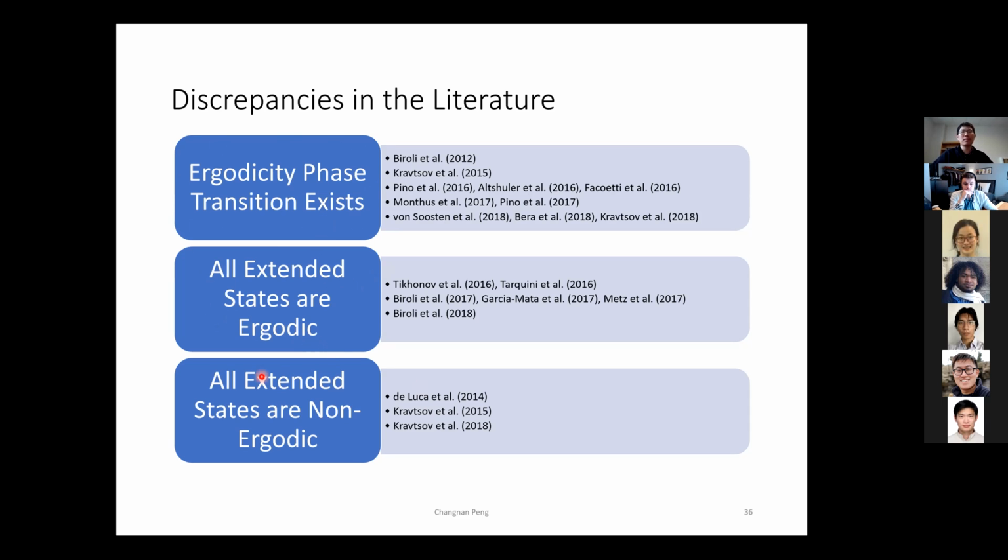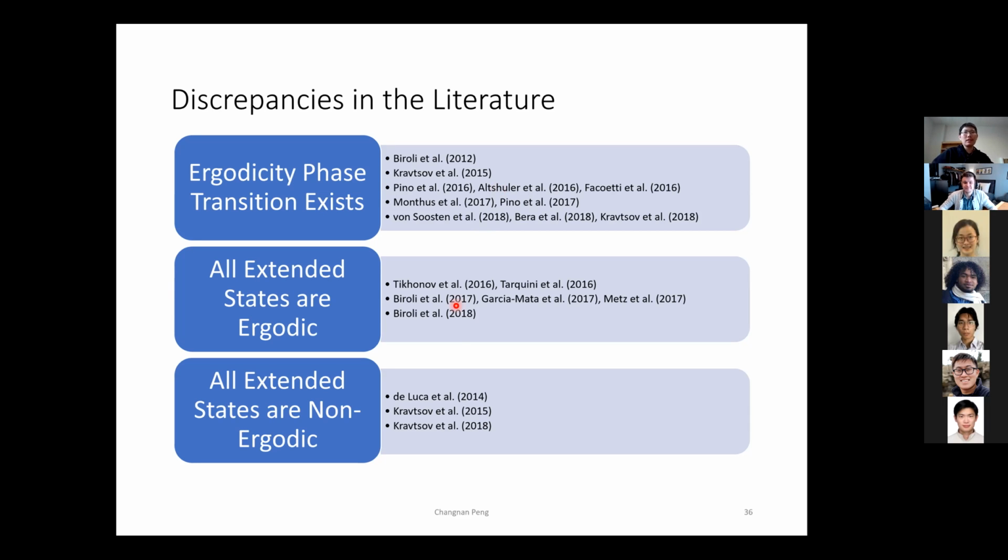And some other papers show that all the extended states in this model are non-ergodic. This discrepancy appears because people use different finite models to describe it. By the way, ergodic here means visiting every site, so the wave function has some density on every site, right? Yes. Okay.